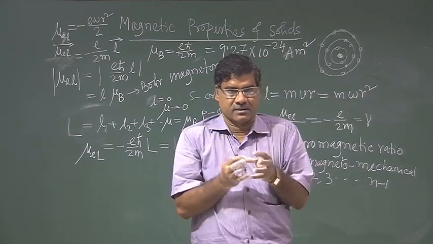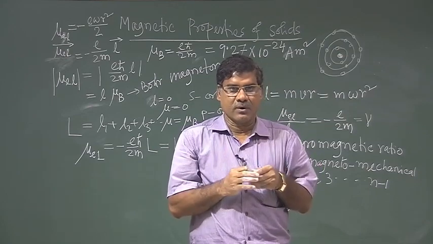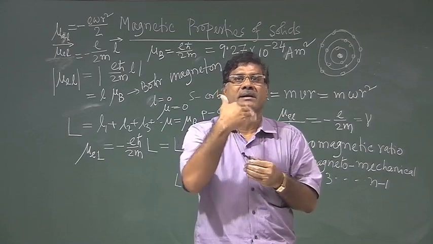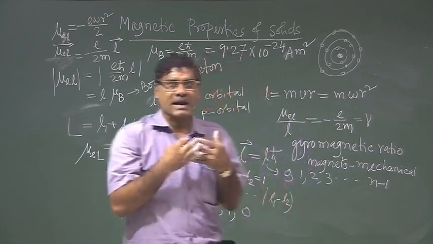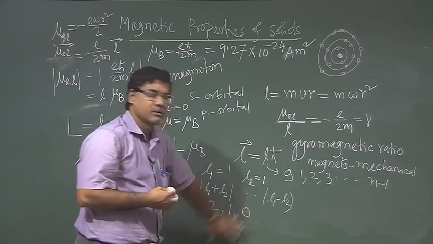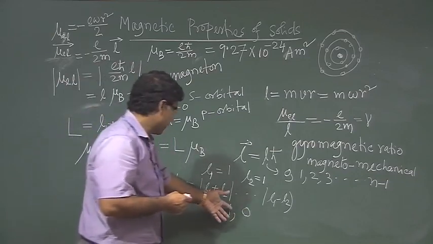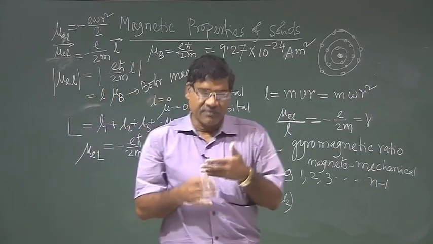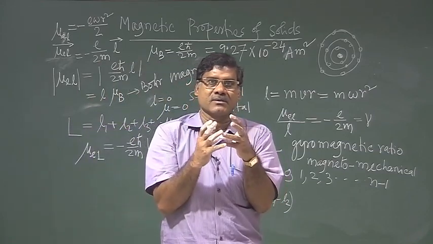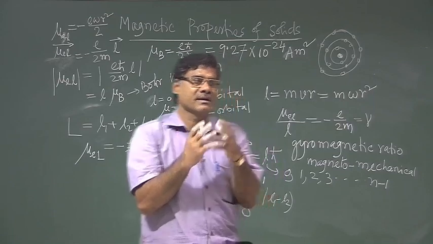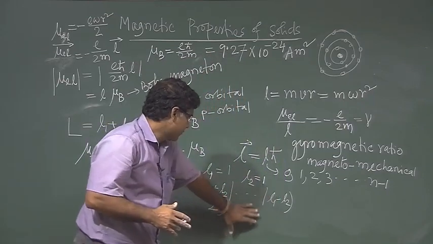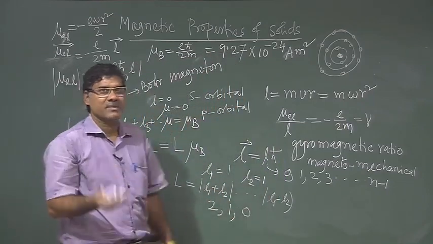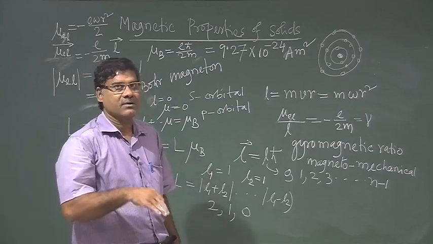Which one it will take depends on the state of this atom, whether it is in the ground state or in an excited state, etc. But it can have only these 3 values. So which value it takes for a particular state of this atom will be decided depending on whether it is in the ground state or excited state.